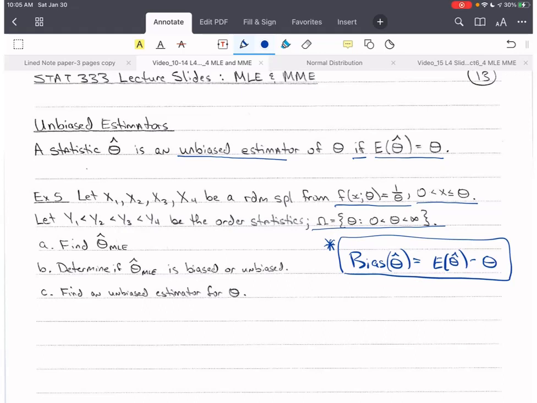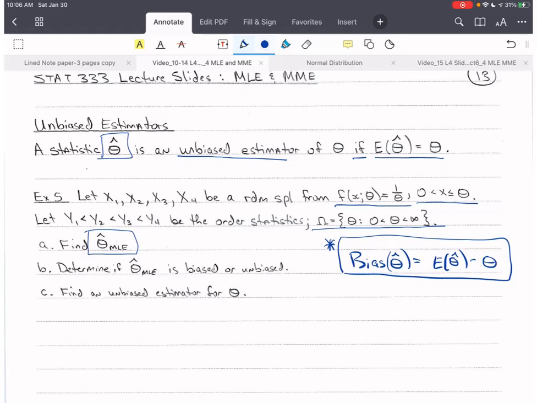So the first thing is find the MLE. Because we're using this as just an unbiased estimator and we're not specifying this in MLE, I am using the subscript just to make sure that it's clear.